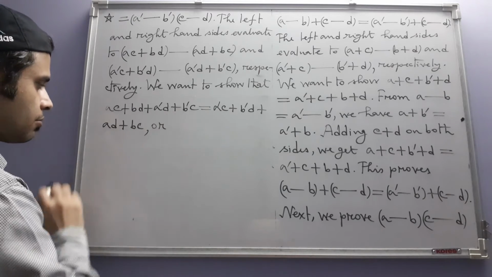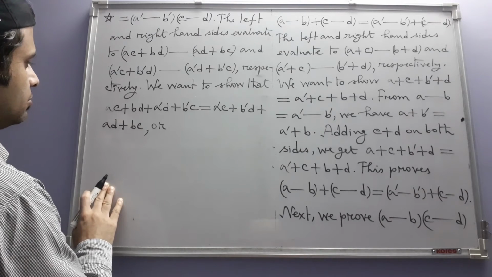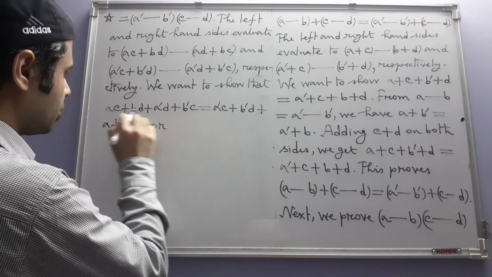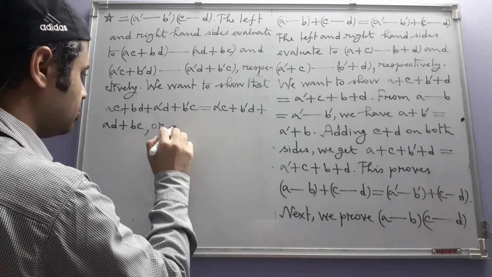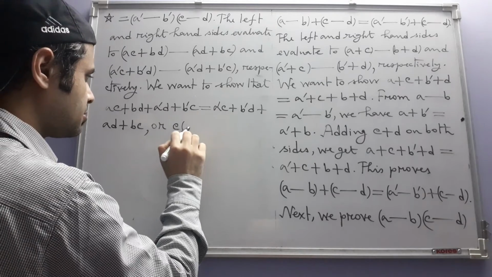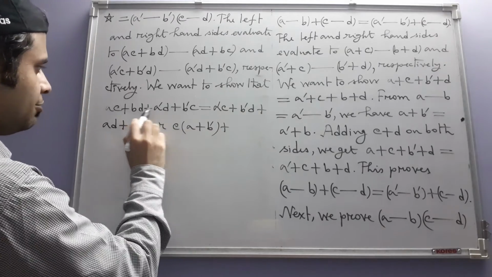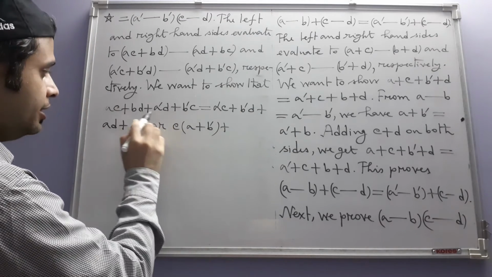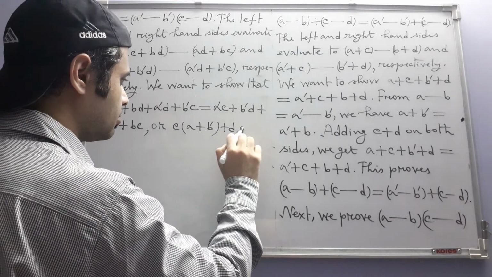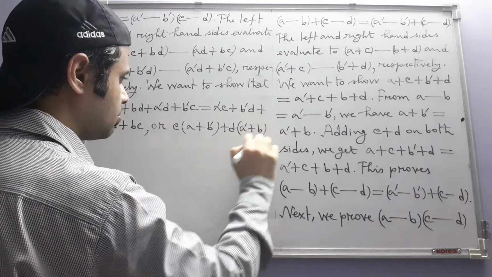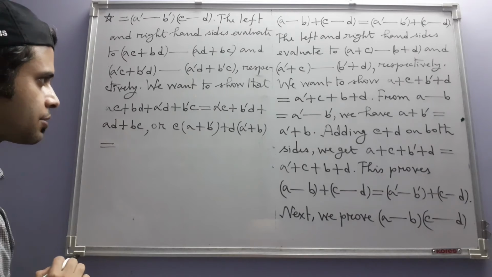Or if you take c common out from the first and the fourth term on the left hand side, then you will get c times a plus b prime plus, if you take common out d from the middle terms, then you will get a prime plus b.